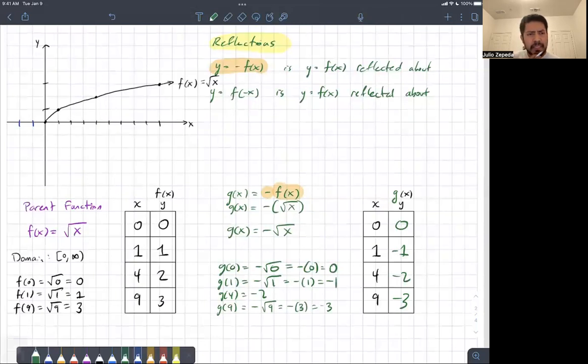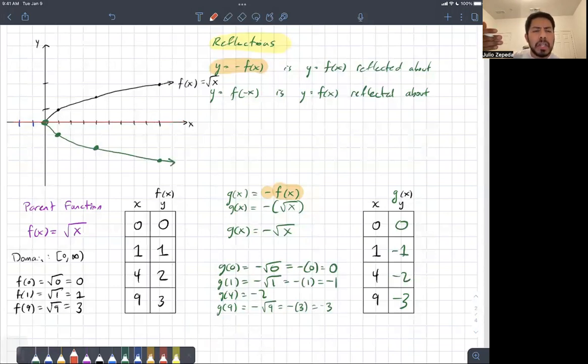Okay, so let's plot these points and see exactly how we can describe this kind of transformation. If we plot these points, they would end up at 0, 0, 1, negative 1, 4, negative 2, and 9, negative 3. And if we graph this, we can see that f of x got reflected.